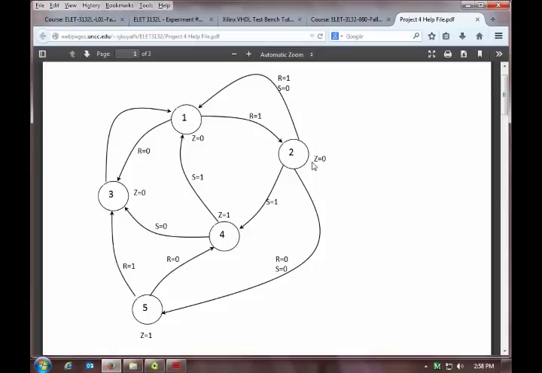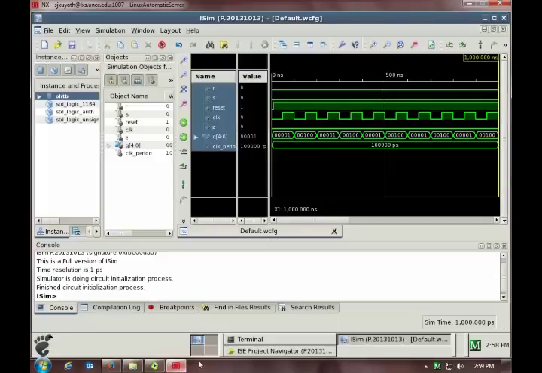So if I say R equals 1 and make sure that happens on the negative edge of the clock, then here it'll say, okay, R and S are both 0, and then here it says R is equal to 0, and here it will say S is equal to 0, and here it'll be non-conditional again. So it should take quite a bit of action just by this one transition where R equals 1.